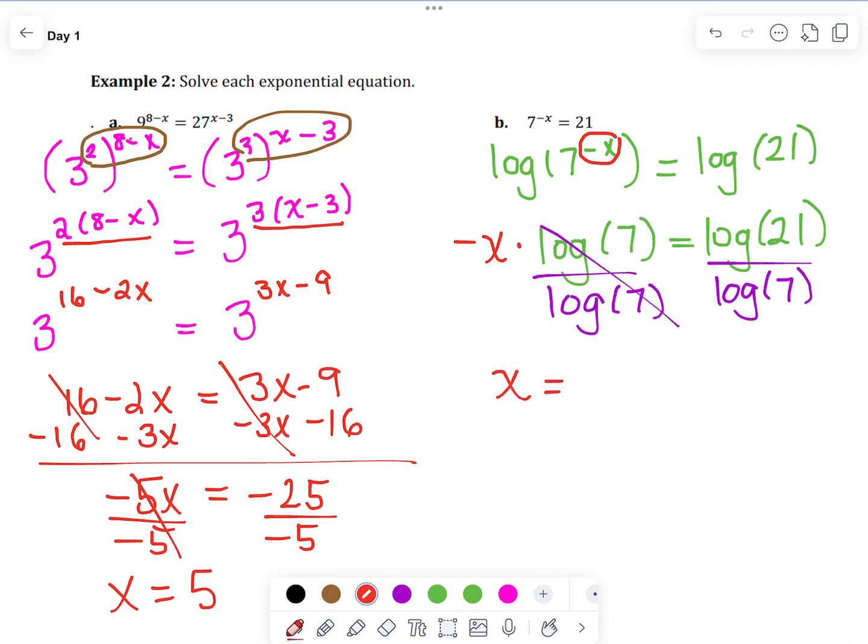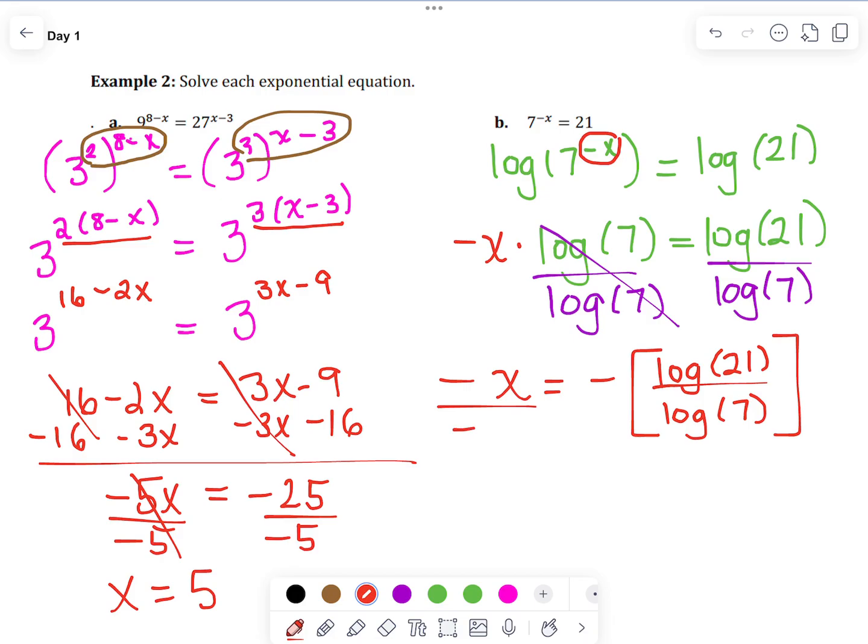So what we can do is multiply both sides by negative 1. That's the same thing as dividing both sides by negative 1. So again, all we did is we took that negative that was out here, and we just divided it by negative 1. So these cancel out.